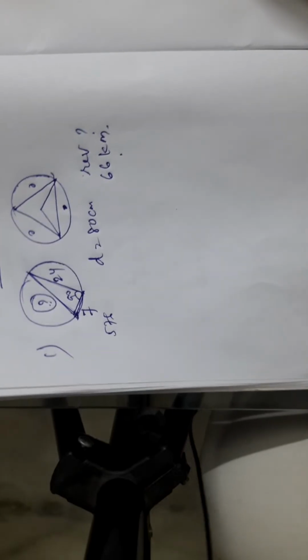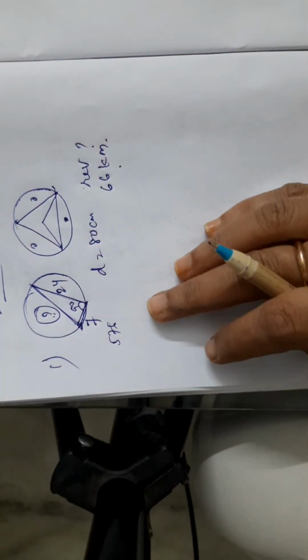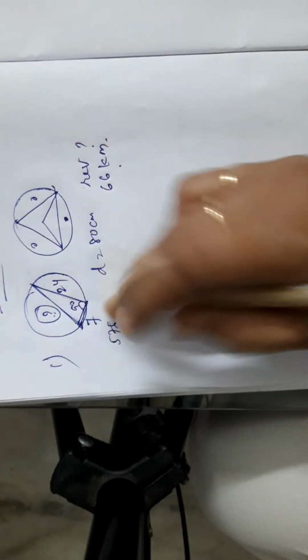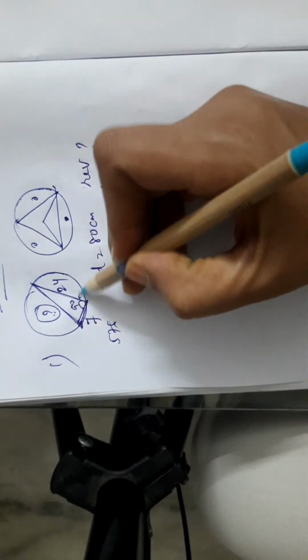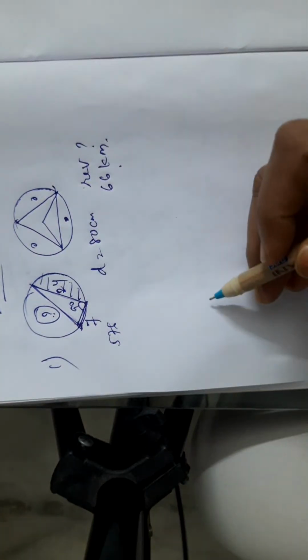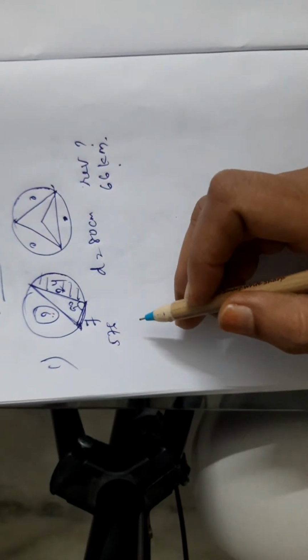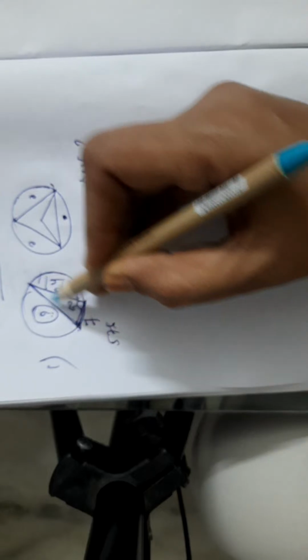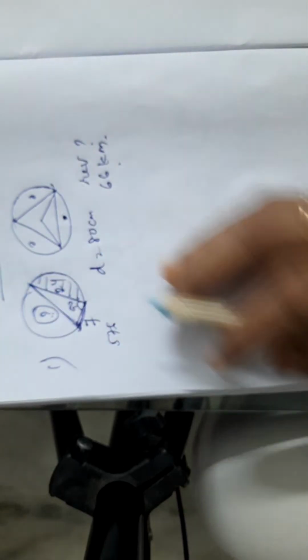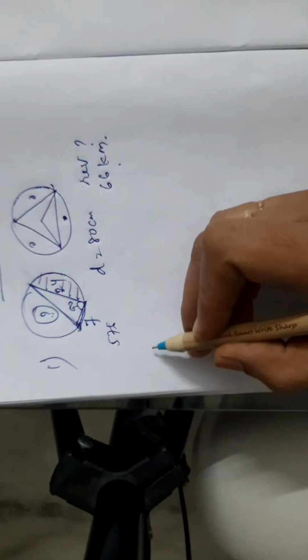So for the first question, we need to find this shaded part. How are we going to find the area of the shaded part? For that, first we'll calculate the area of the semicircle, out of which the triangle is to be subtracted. So first, write down the statement.